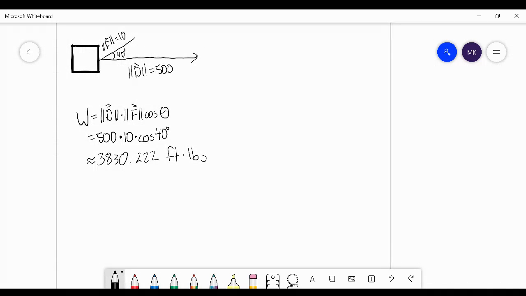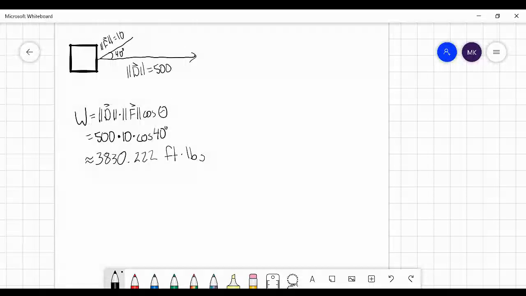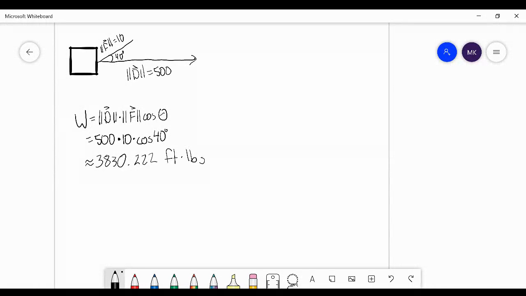So that's how we calculate work. If you're given two vectors, let's say, so here we could be given the vector for D would be 500, 0.